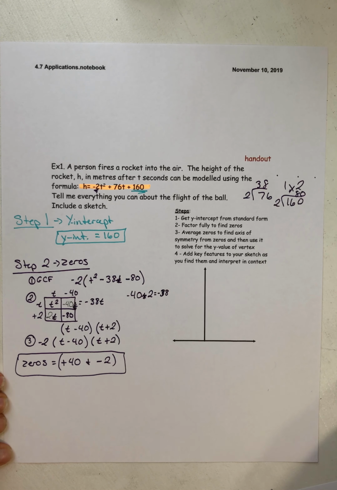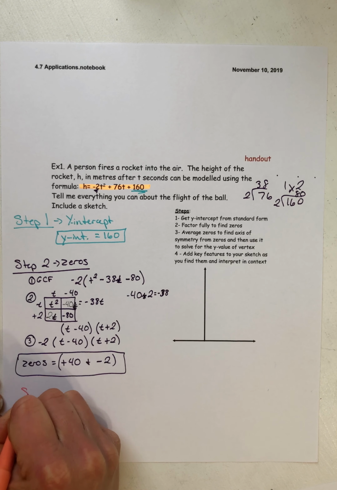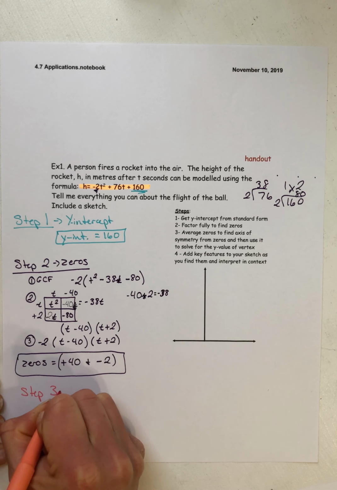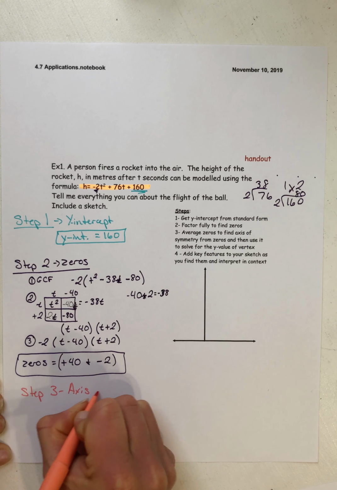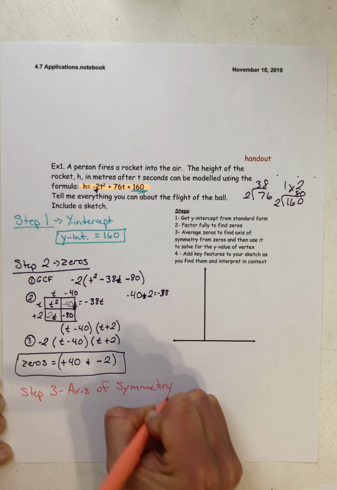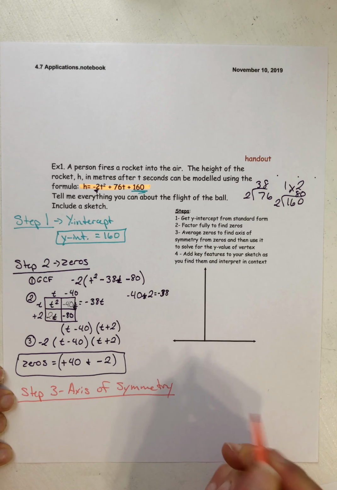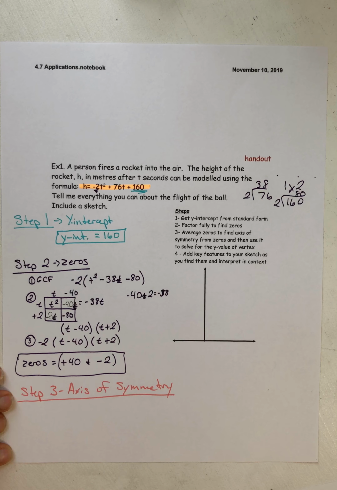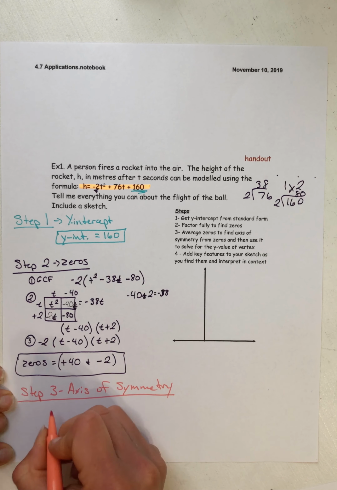And then we need to find the axis of symmetry. So that's our step 3. To find our axis of symmetry, we need to add our zeros together.